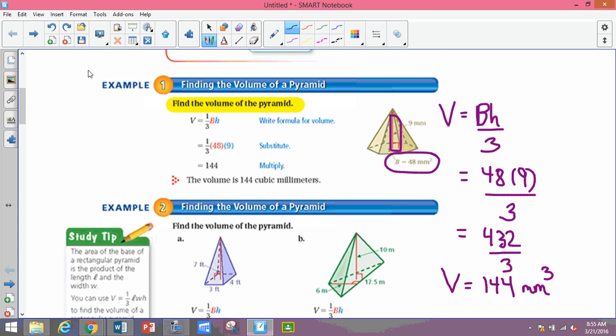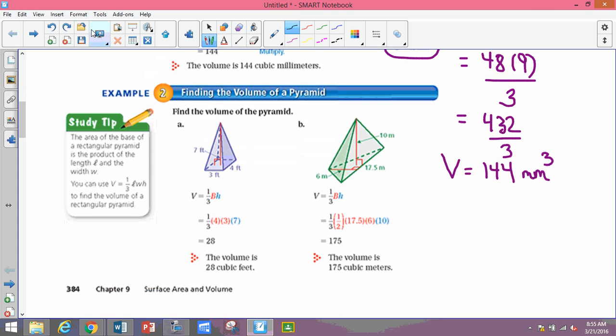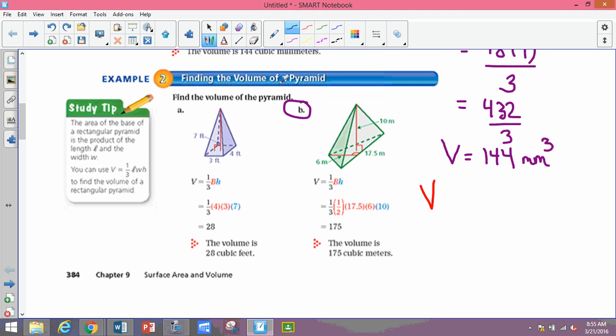Okay? Now, if you look at example 2, we're going to do B. B is a triangular pyramid. So again, you're going to start with your formula. Volume equals capital B, area of the base, times height, divided by 3. So we have to calculate the area of our base. The base is a triangle, so it's base times height divided by 2.